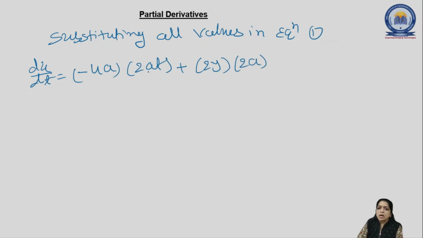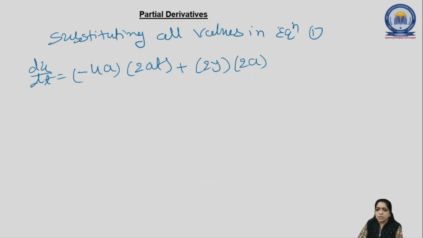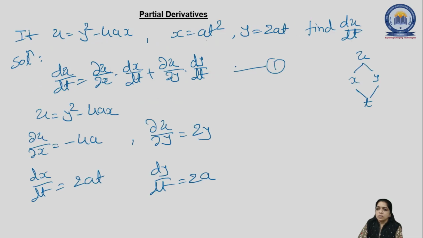Now here the value of y is 2at, so we substitute in place of y. After simplification, we get minus 8a square t plus 2 into 2at.